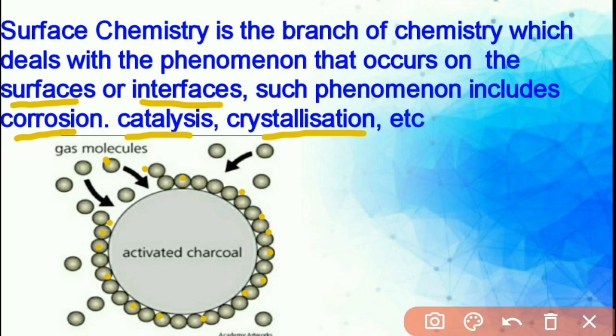Gas molecules do not enter the bulk area, they only accumulate on the top layer of the activated charcoal. That type of phenomenon we call adsorption.